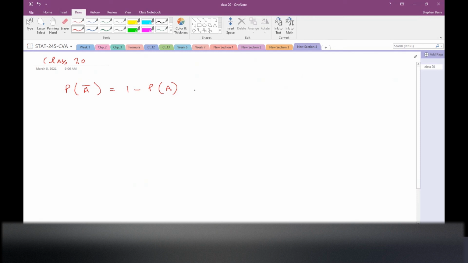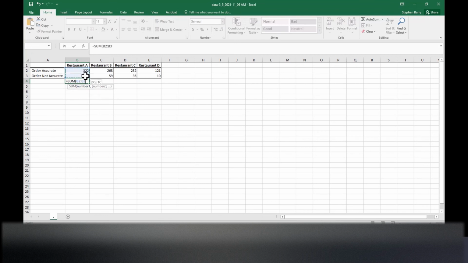Let's try and figure out the probability of restaurant A. So the probability of A, right, there's 355 orders from A. We're also going to need the total. Let's get the total number of orders. This is usually a good spot to put it here. We know there's 1081 orders.